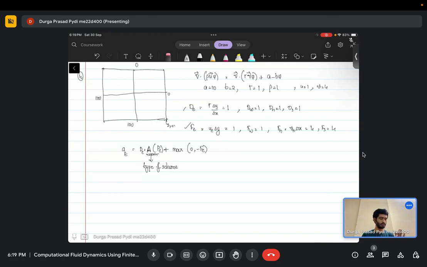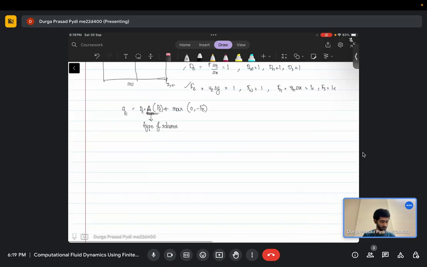So that is something that has to be taken care of by this function A. So what this function is, say if you are using central difference scheme, this turns out to be... or maybe we'll write the formula later, we'll compare and then write the formula. That will be easy for you as well.